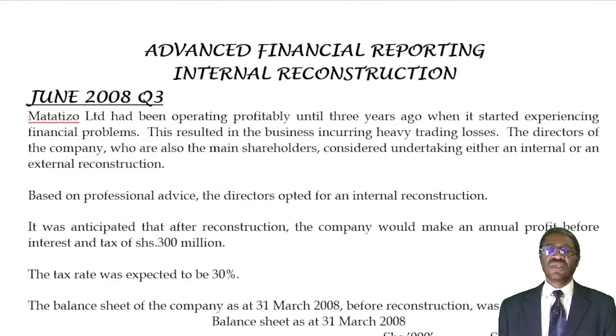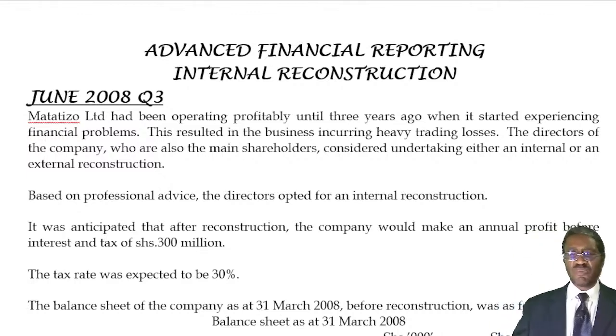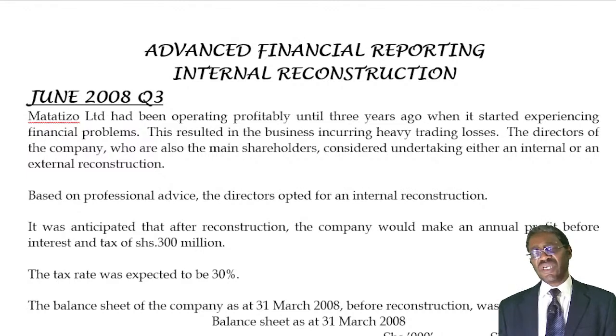It says, Matatizo Limited has been operating profitably until 3 years ago, when it started experiencing financial problems. This resulted in the business incurring heavy trading losses. The directors of the company, who are also the main shareholders, considered undertaking either an internal or external reconstruction.